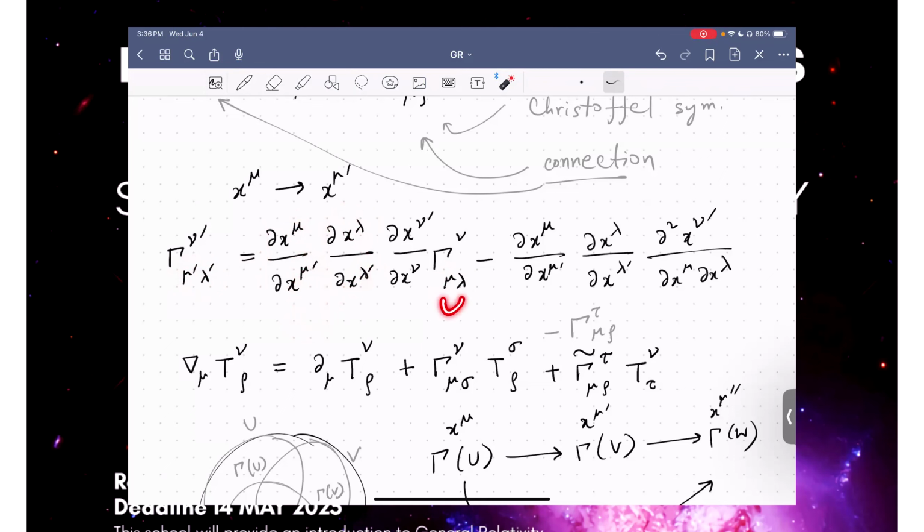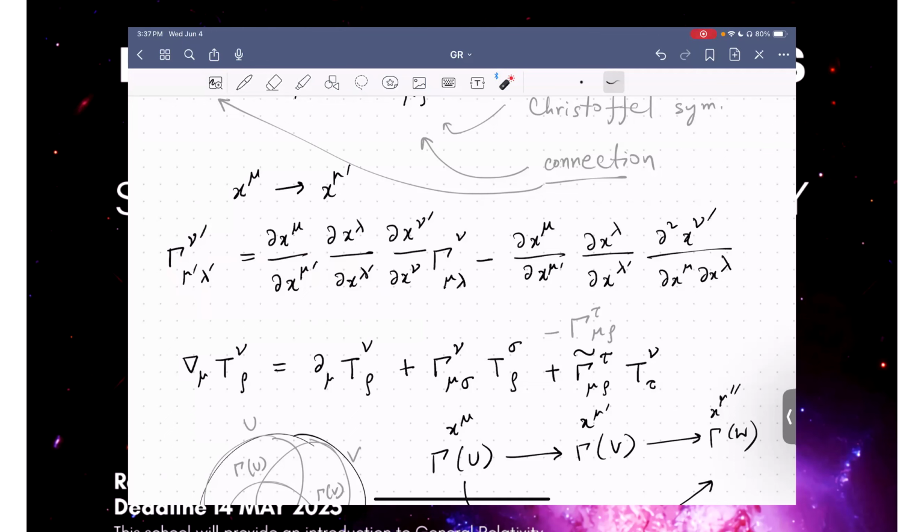So if you swap the positions of these two indices, you can swap them without introducing any sign or anything. And also here, these mu and lambda appear in these two partial derivatives. And again, partial derivatives commute. So there are no problems with commuting the order of mu and lambda.